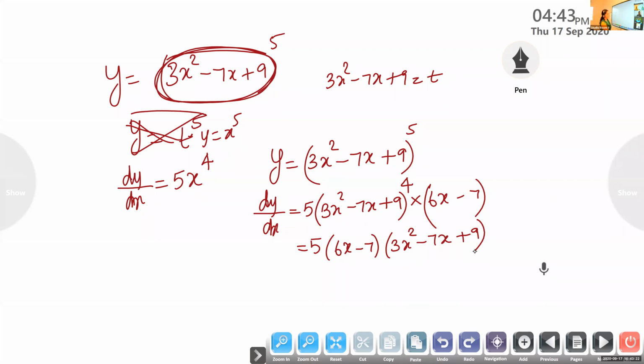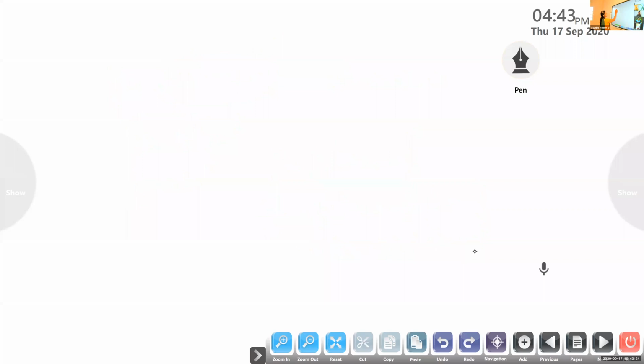Okay, children. Now look at the next question. Suppose y is 3x plus 5 whole raised to 7. Can you give the derivative, Aryan?